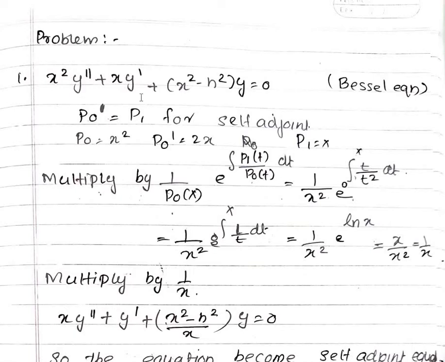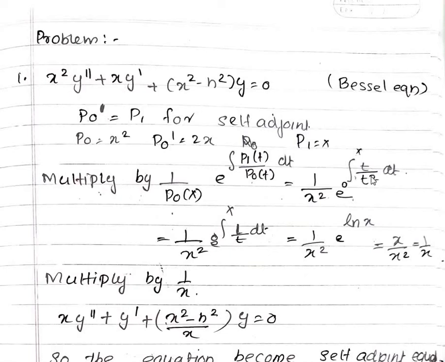So we have to convert it into self-adjoint form by multiplying by 1 by P0 of x e raised to integral P1 of t divided by P0 of t into dt. P0 of x is nothing but x square, so 1 by x square e raised to integral t divided by t square into dt.